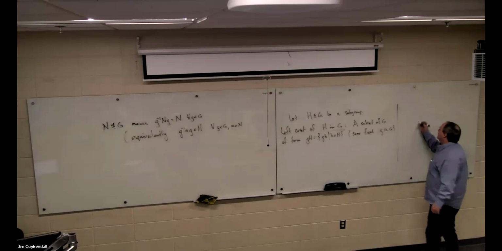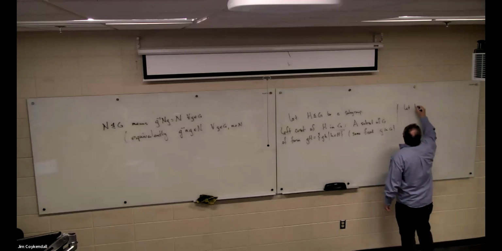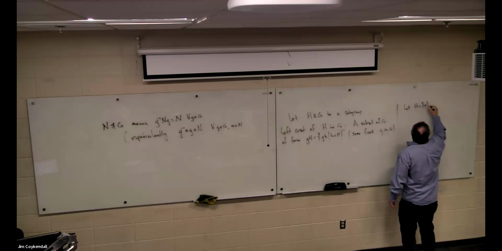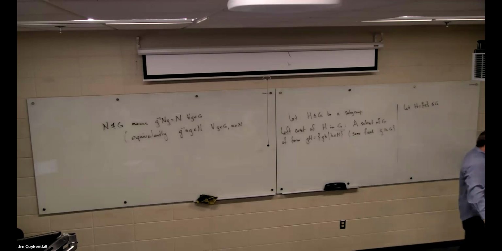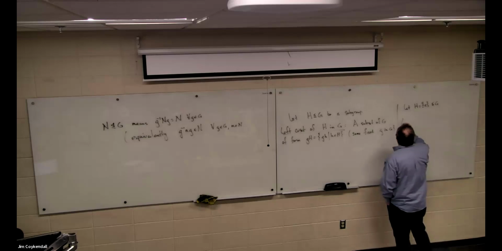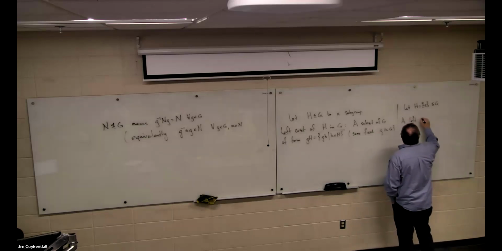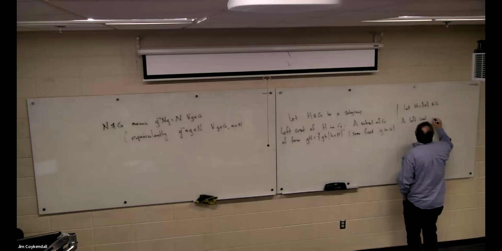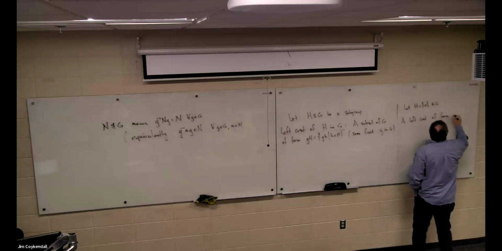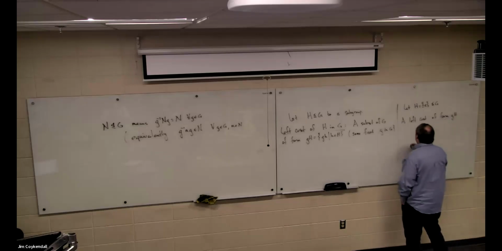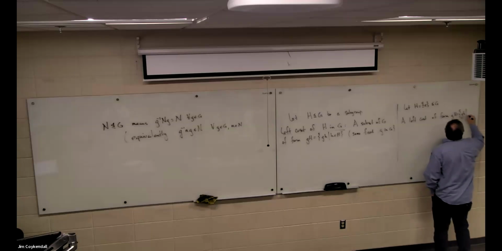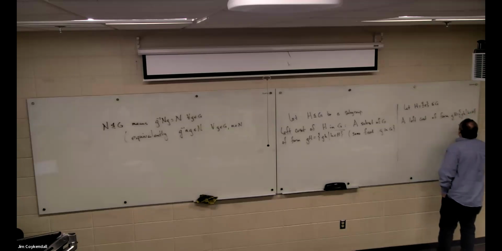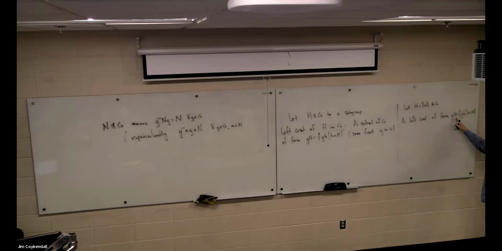Let's let H be the trivial group. For a left coset, this is G times H. Well, in this case, there's only the identity in here, right?